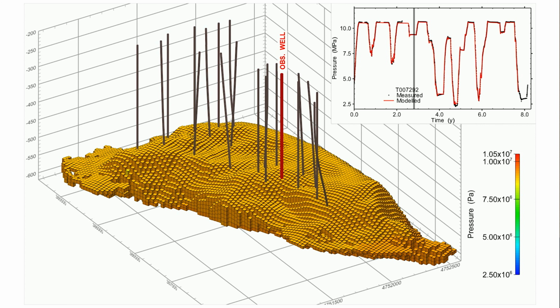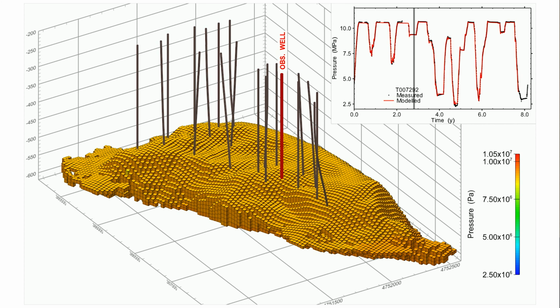To get that fit, we did require heterogeneity within the pool, within the reservoir, and that's also apparent in the pressure gradients across the reservoir during injection and production, which are a function of both heterogeneity and the location of the injection wells. You can see the observation well is right here.